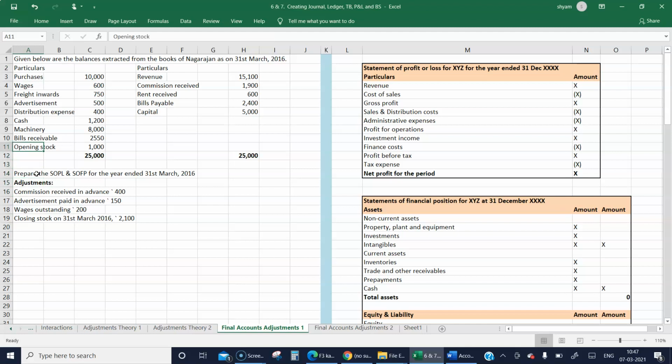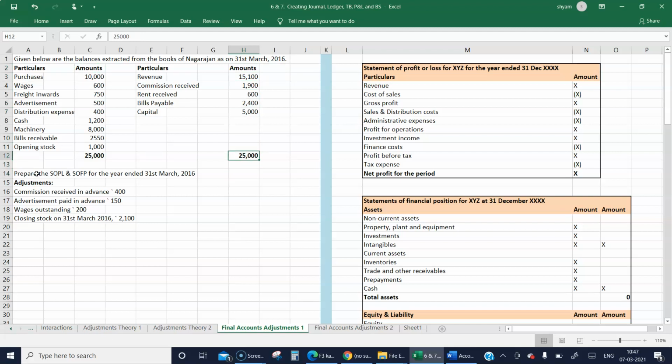So this is our adjustments. Okay. So I think we got all the numbers. So I think we could start.